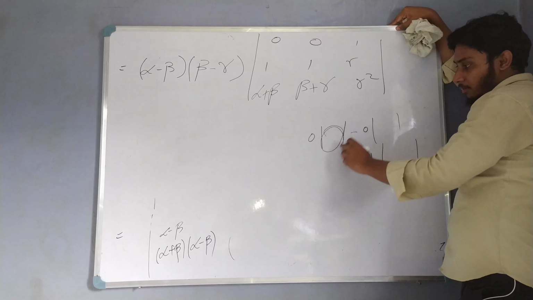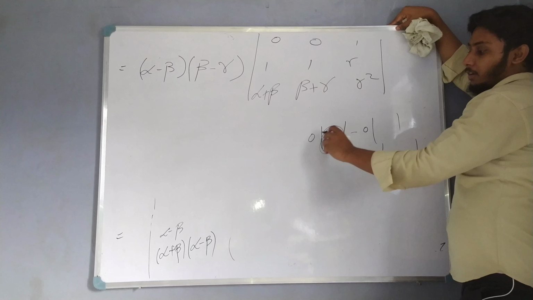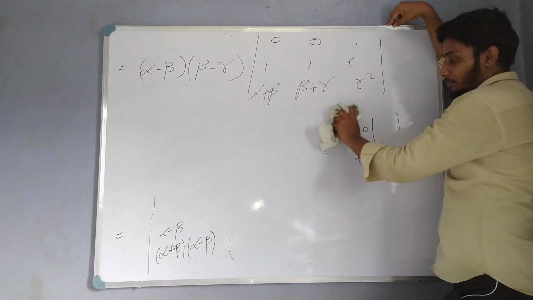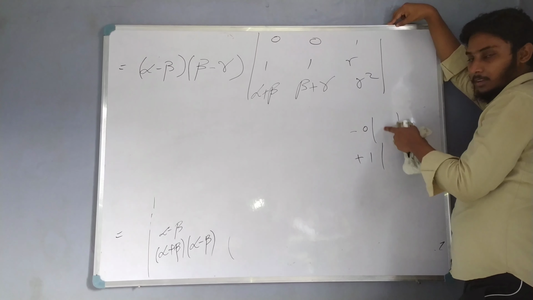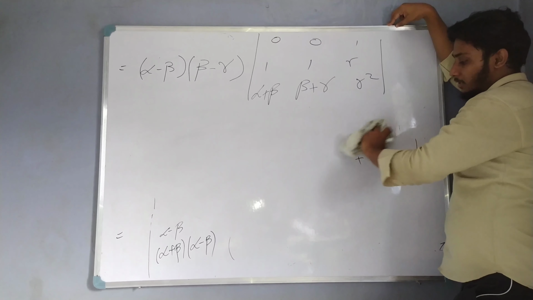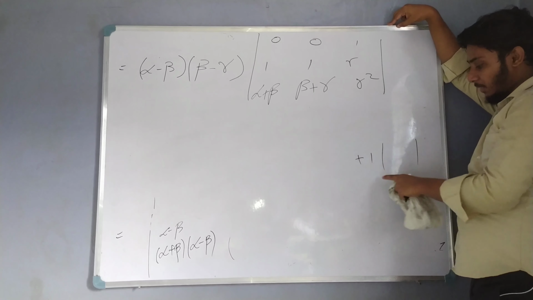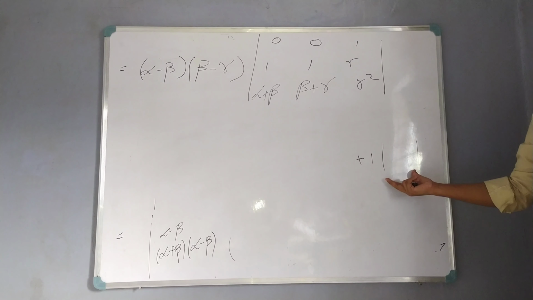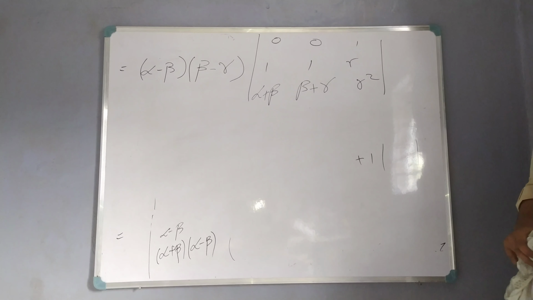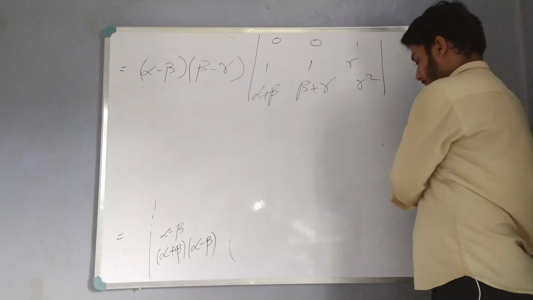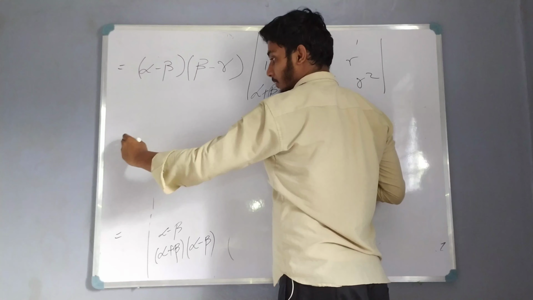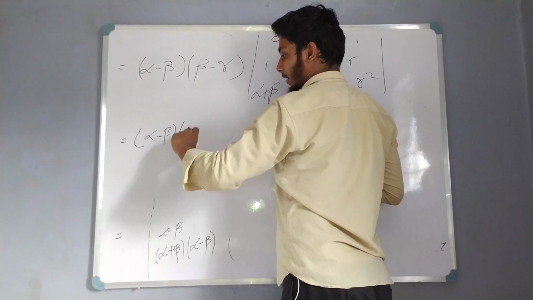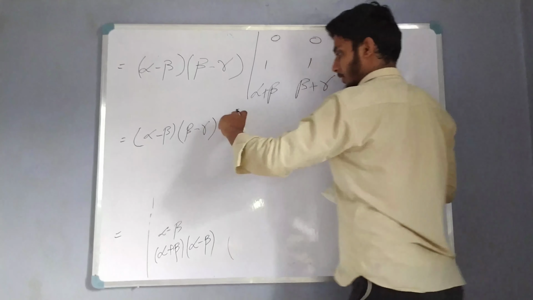So whatever we will be here, if it will be multiplied with 0, then it will be 0 finally. So we don't have to write this. Similarly, you don't have to write anything for this 0. So the only expansion will remain in the last column, last element of the first row. Alpha minus beta and beta minus gamma.